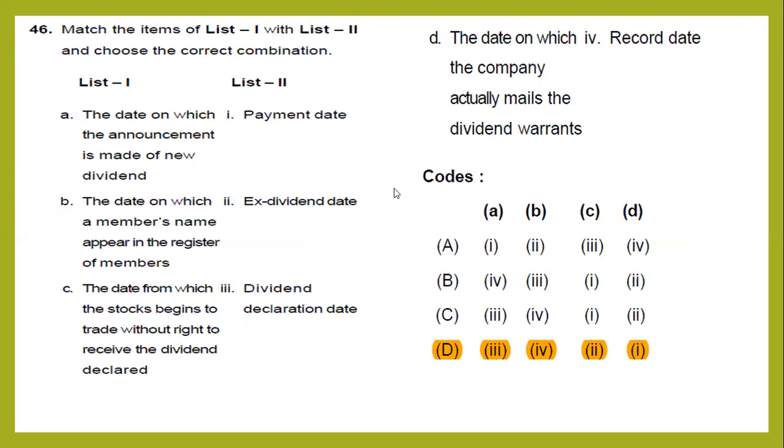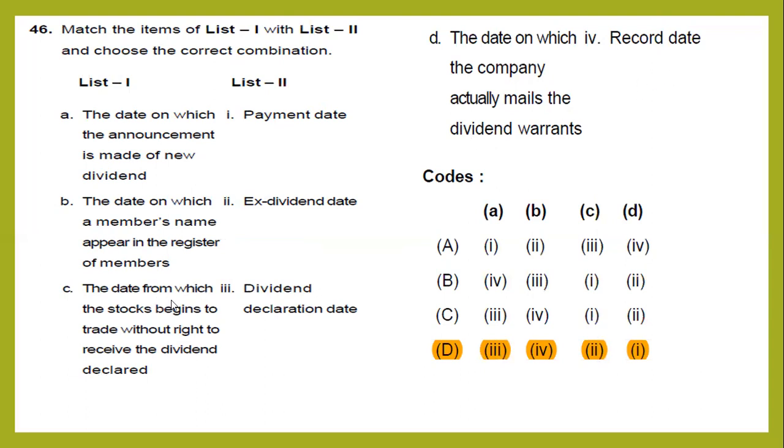So next we go to the 46th question, match the following list 1 versus list 2. The date on which the announcement is made of the new dividend is the dividend declaration date. And for B, the date on which the member's name appears in the register of members, it is 4. So that is record date.